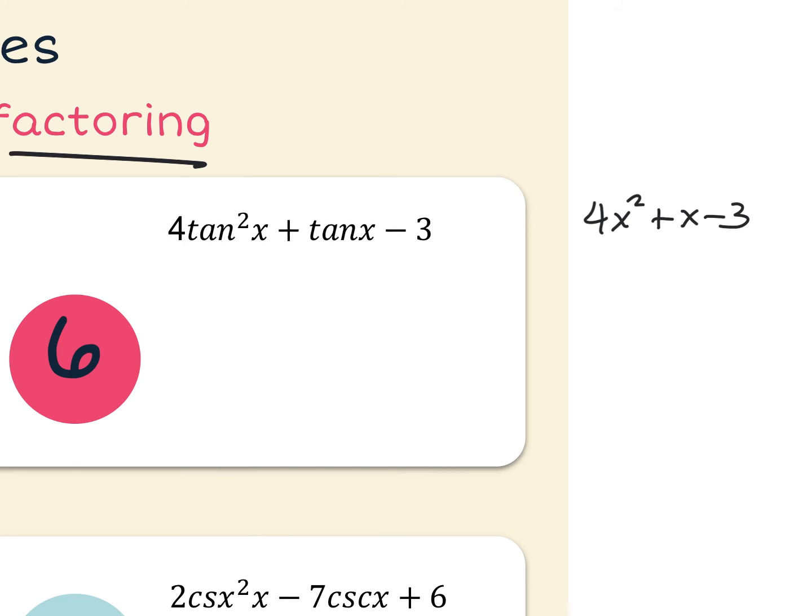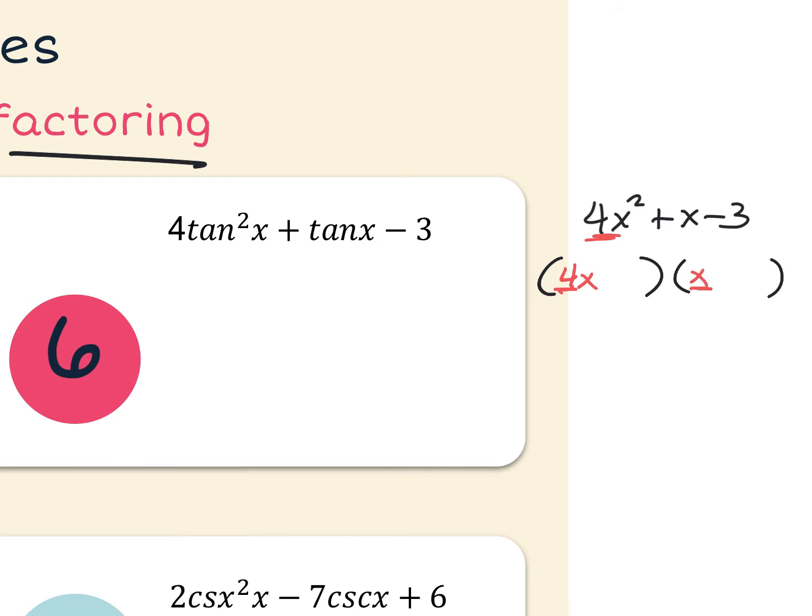You can use guess and test, you can use factor by grouping, or whatever other technique you want to use for factoring. So for here, if I do guess and test, I could try my factors of 4. They're going to go right here. So it's either going to be 2 and 2 or 4 and 1. I'm going to try 4 and 1.